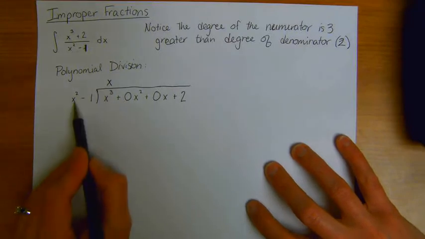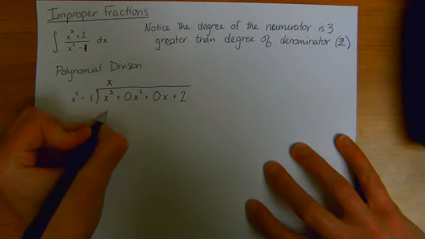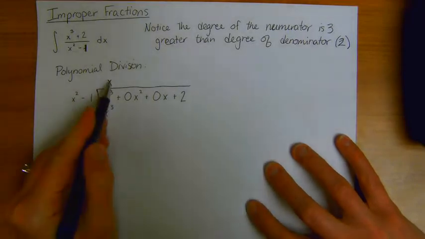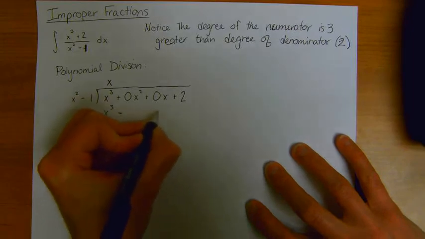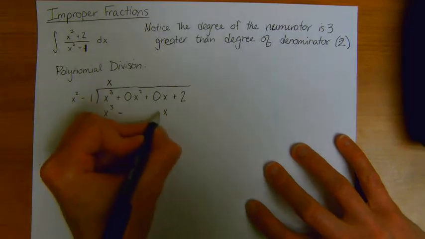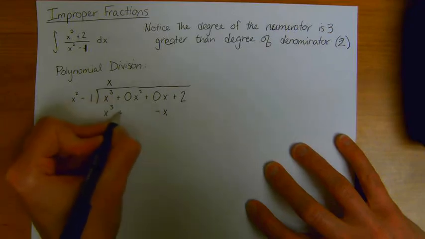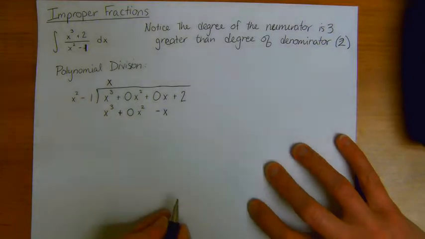So now I compute the multiplication, and down in this row I'm going to say x times x squared is x cubed, and x times negative 1 is minus x. I'm lining up these place values: x cubed, plus 0x squared, minus x.